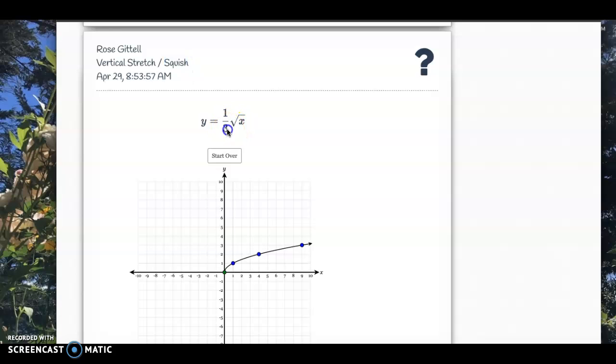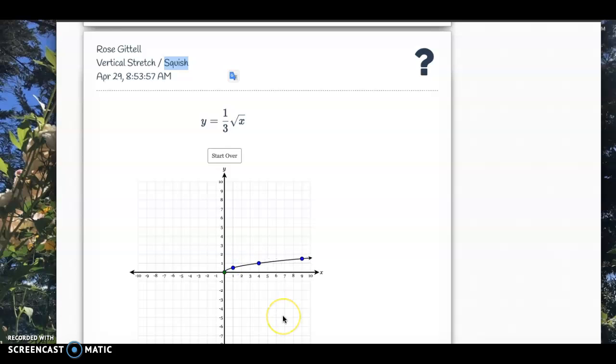Looking at the equation, I have a fraction as my coefficient. It's less than 1, so it's going to be a squish. I'm going to multiply my y-coordinate, this 1, by 1/3. Anything times 1 is just itself, so 1 times 1/3 is just going to be 1/3. So I'm just going to shrink this down to 1/3.